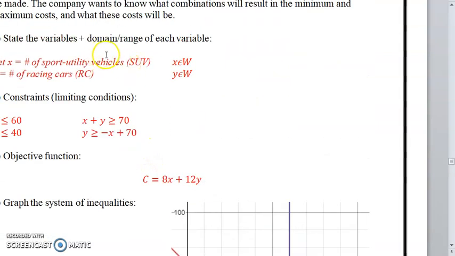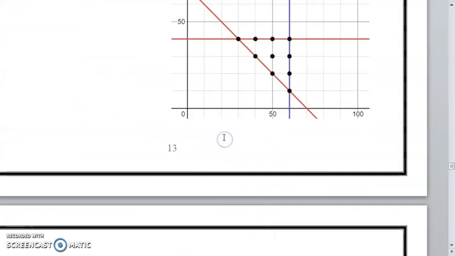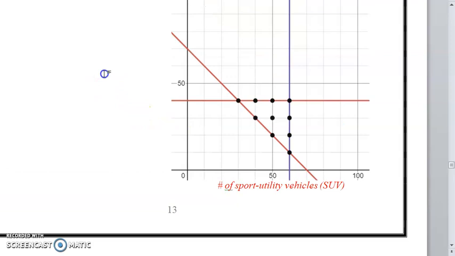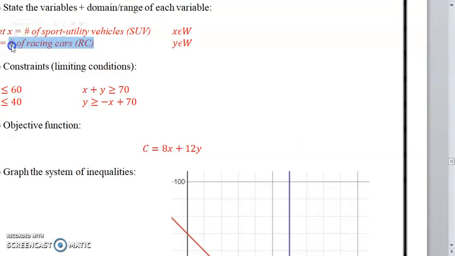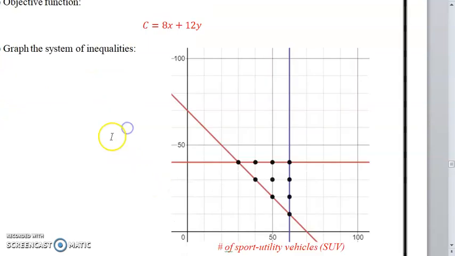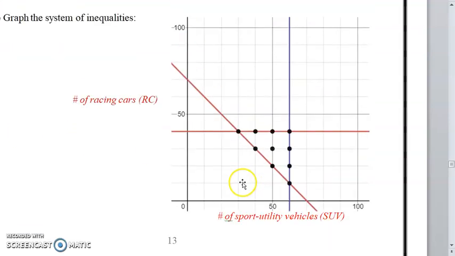So the x-axis was the number of sport utility vehicles, right? And the y-axis was the number of race cars, or racing cars. Okay? And those are all feasible, possible areas for your graph. Okay?